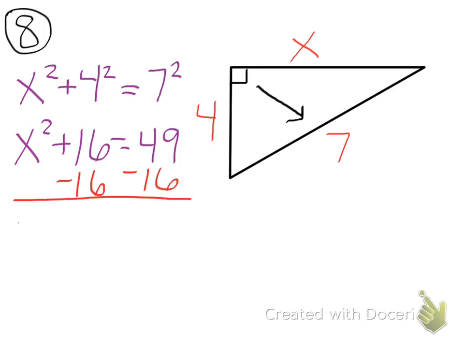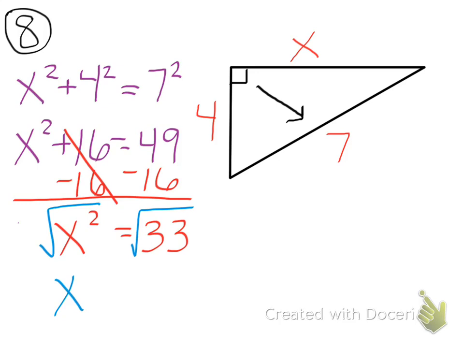And we get x squared is equal to 33. To get rid of the squared, we take the square root, and x is equal to square root of 33, which is 5.7.